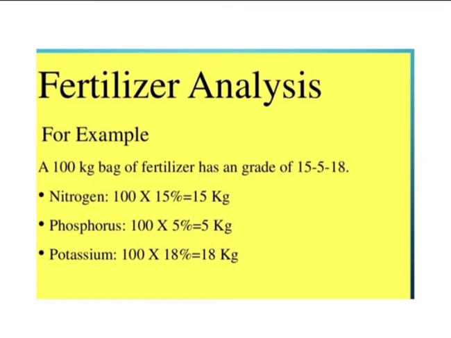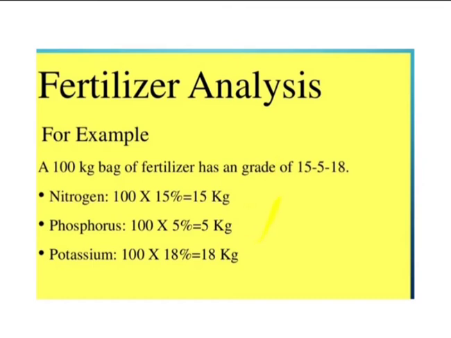So we have to find out how much weight is of a particular macronutrient. So see, how can you find how much amount of a macronutrient is there? For nitrogen 15% is given, therefore 15 by 100 into 100. 100 gets cancelled, therefore it will be 15 kg.